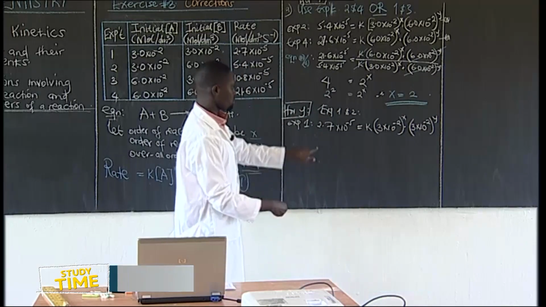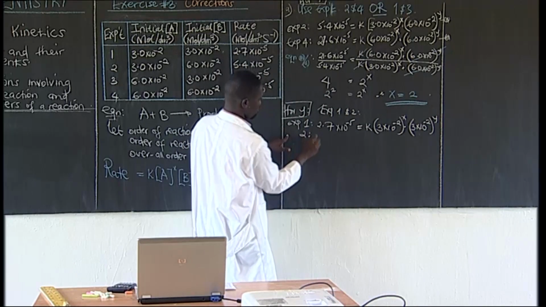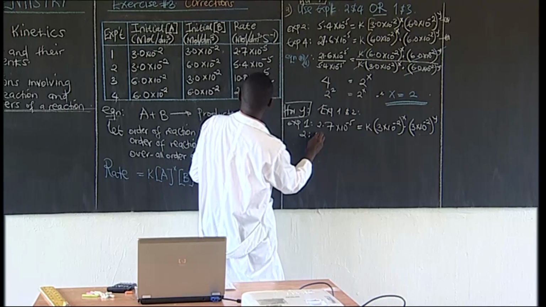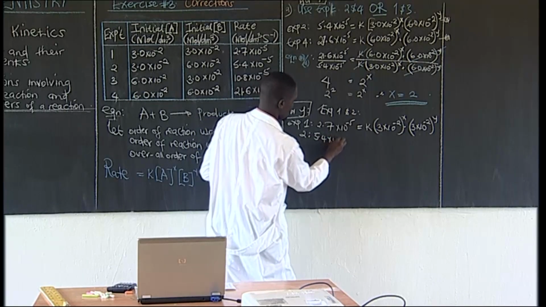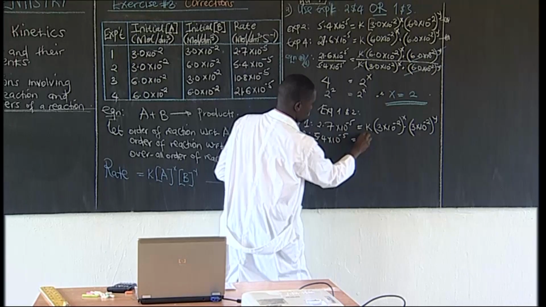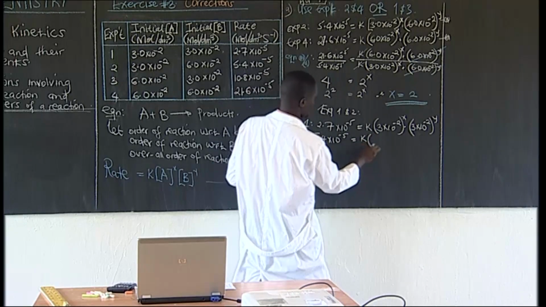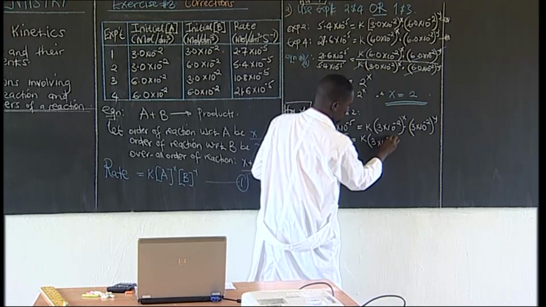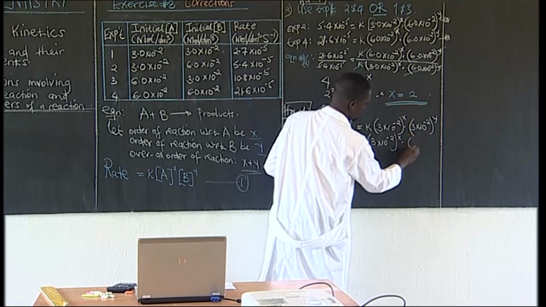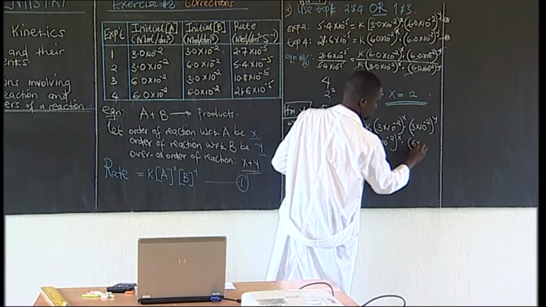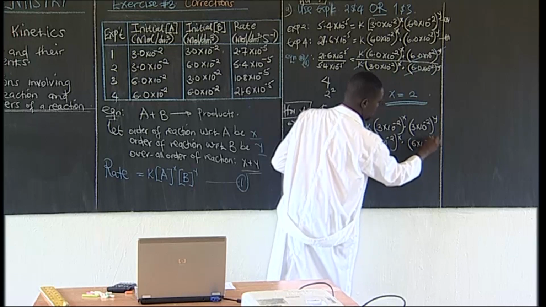We do the same thing for experiment 2, which is 5.4 times 10 power negative 5 is equal to k, 3 times 10 power negative 2 power x times, this is 6 times 10 power negative 2 power y.